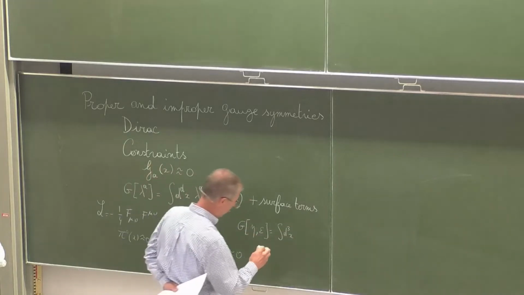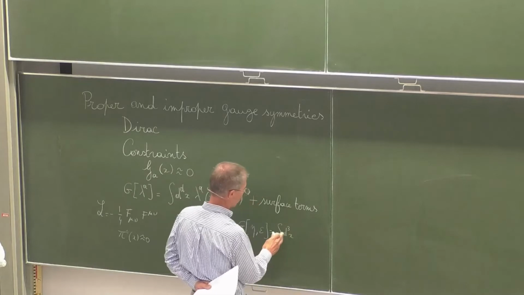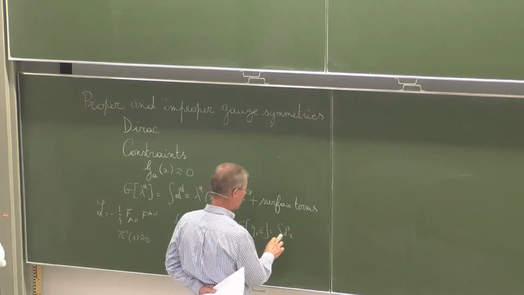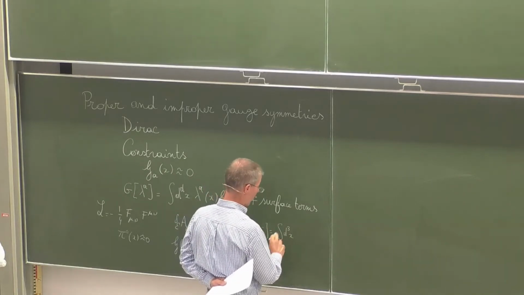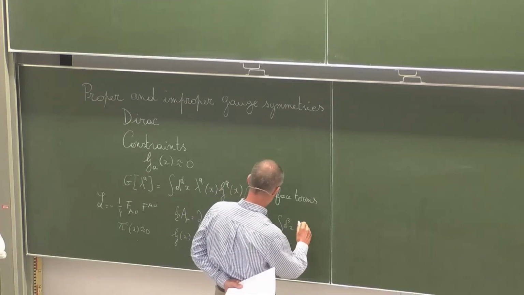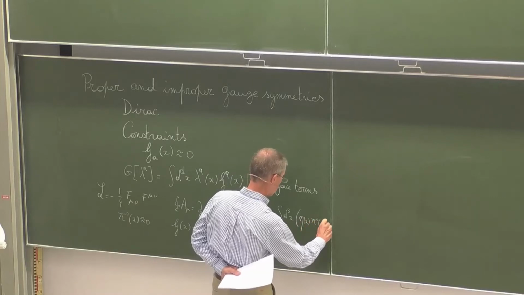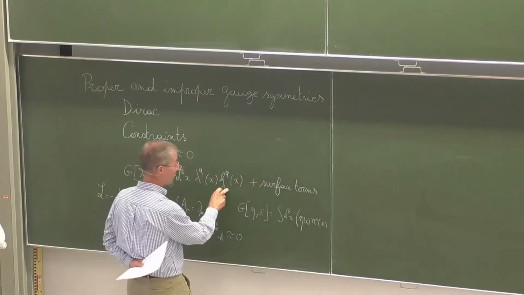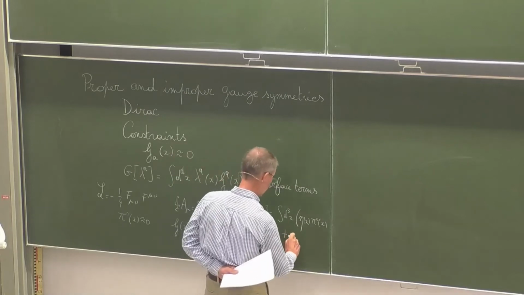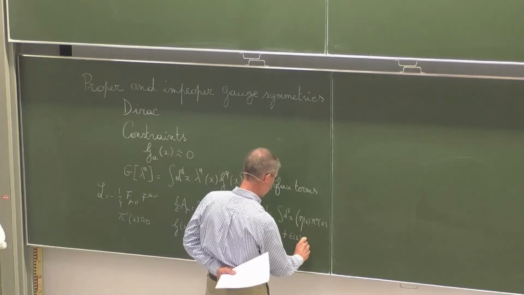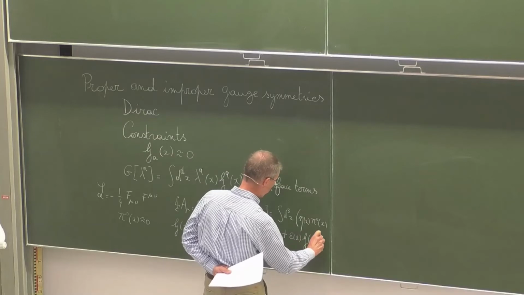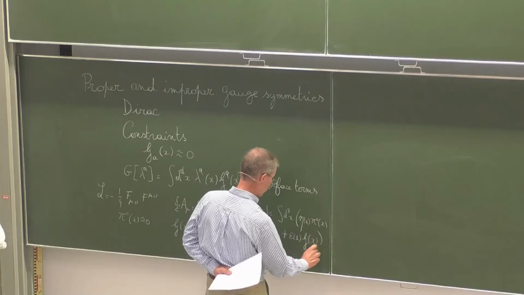So let me be in 3 dimensions, but there is nothing special about 3 dimensions for what I'm going to say. We have two constraints: eta of x times the analog of this expression in electromagnetism, plus epsilon of x times G of x, plus perhaps a boundary term.